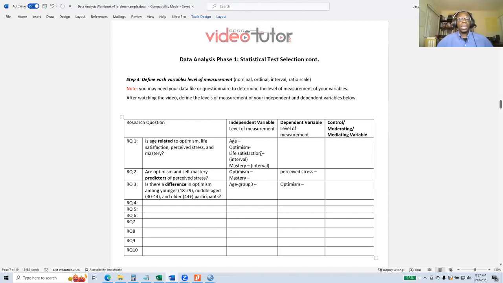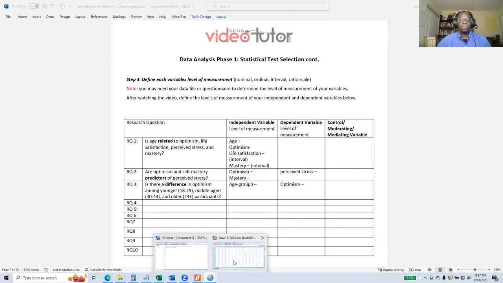So we say to ourselves, okay, how are these variables being measured? Because in order to determine the correct statistical test, we have to determine how the variables are being measured. All right, so we go to the data file.